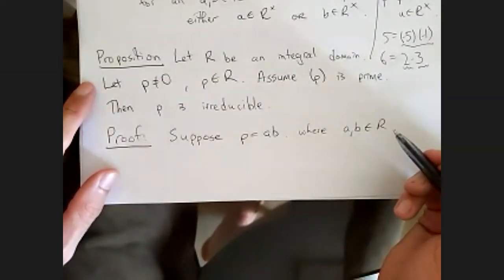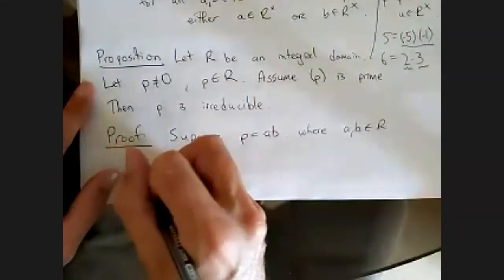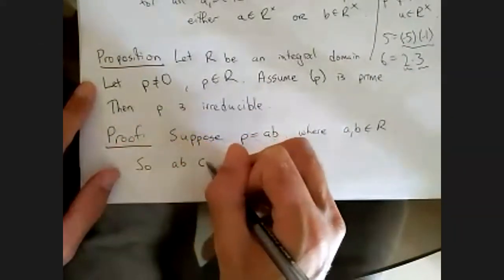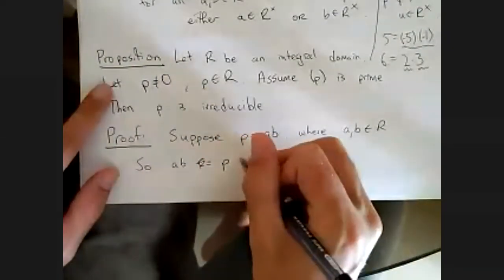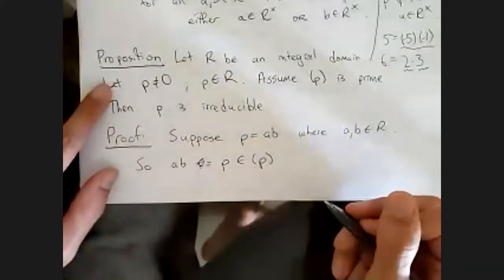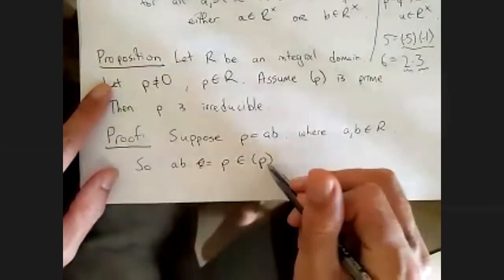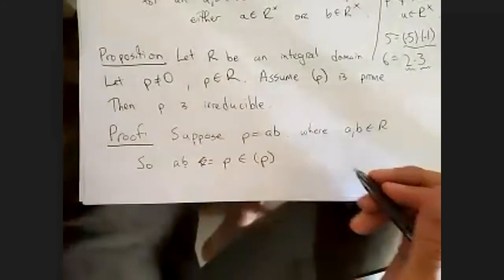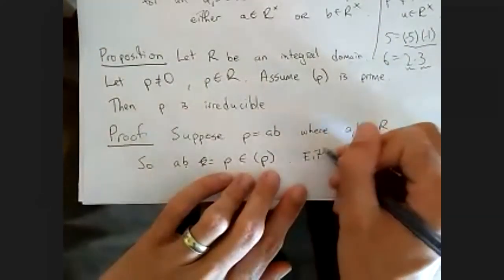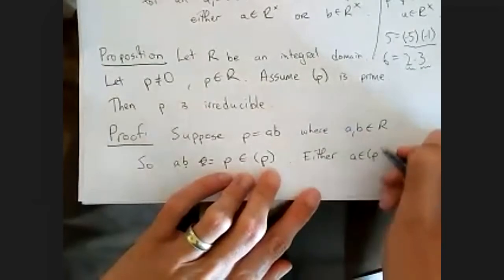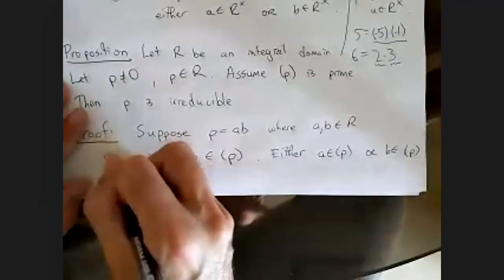So that's our goal. Now P is a prime ideal. AB is equal to P, and that's an element of the prime ideal generated by P. A prime ideal is such that whenever you have a product in the ideal, one of the two factors is in the ideal. So now either A is in P or B is in P, since P is prime.